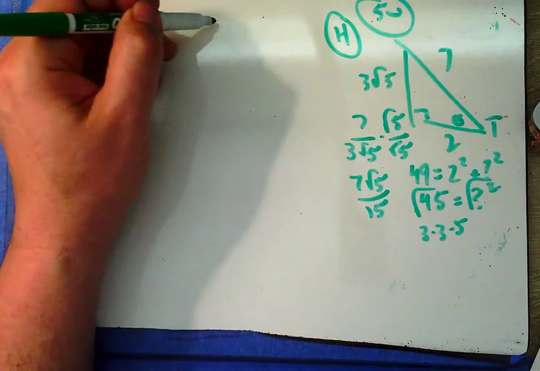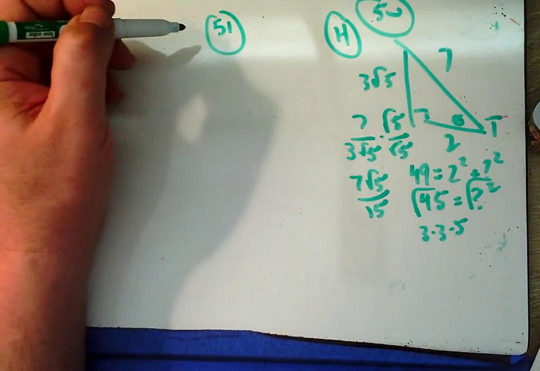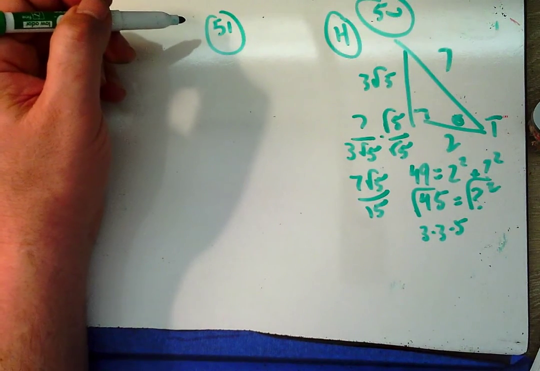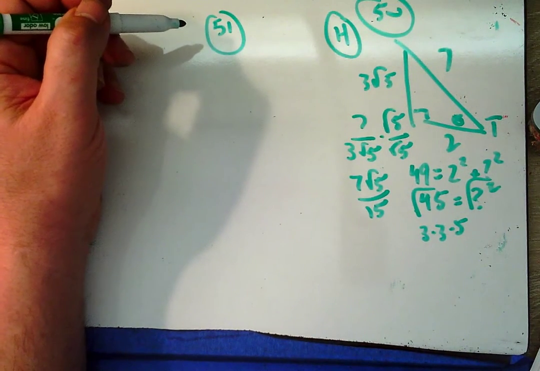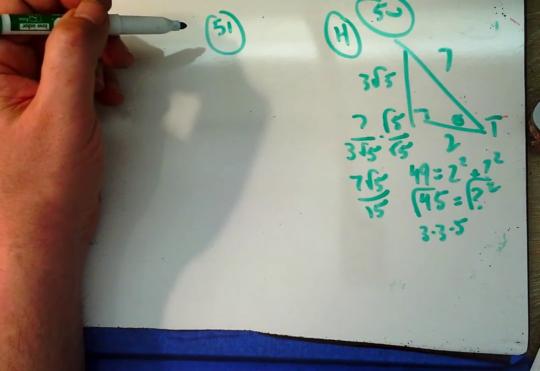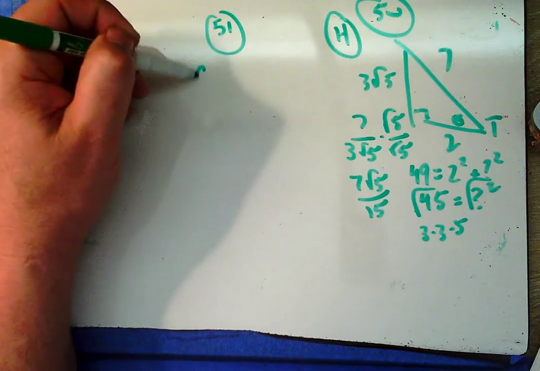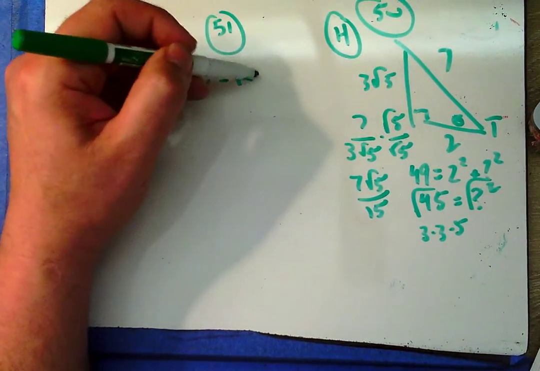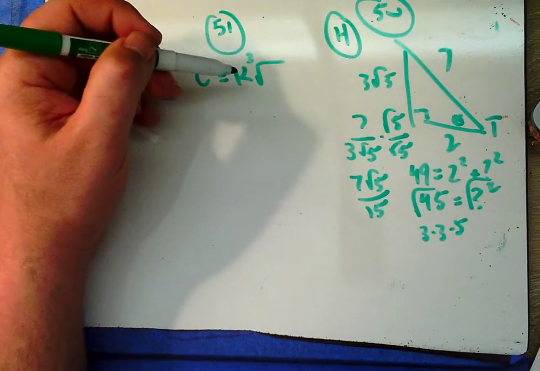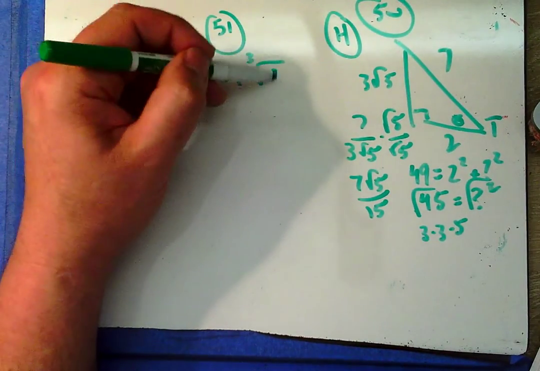Okay. 51. 51 says, flight instructor, $75 per lesson, plus a fee to use his plane. The charge for the use of his plane varies directly with the cube root of the time.